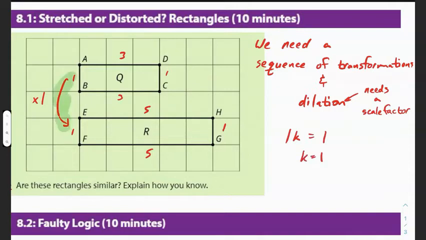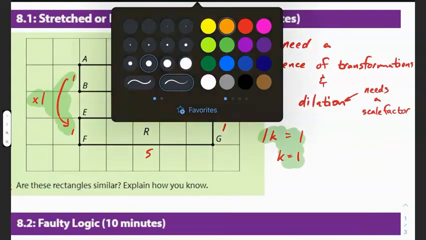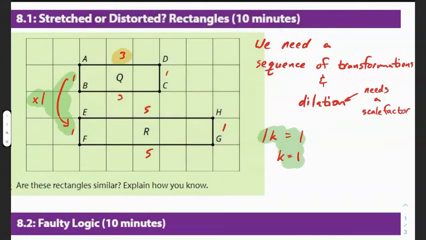So that's the situation here. But if I look at AD, dilating to get me a 5, immediately I'm like, okay, something's wrong.